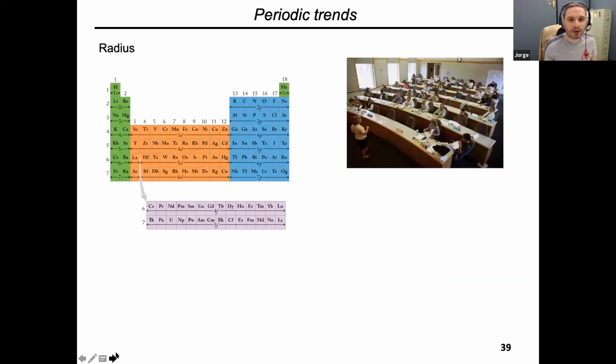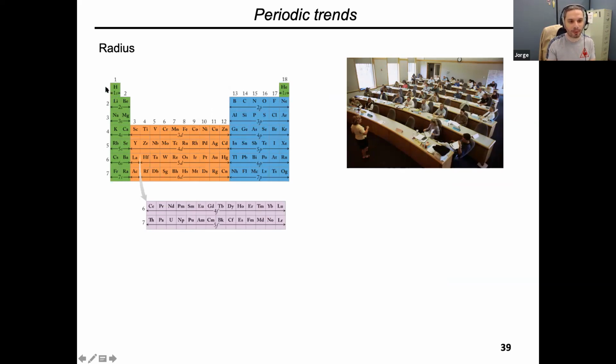Okay, so now let's talk about periodic trends. The beauty of the organization of the modern periodic table is that we have some physical and chemical trends that are periodic. In other words, they have a behavior across the period, and this behavior is restarted at the beginning of a new period.